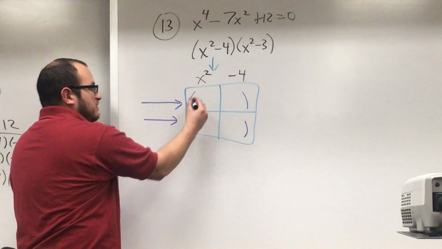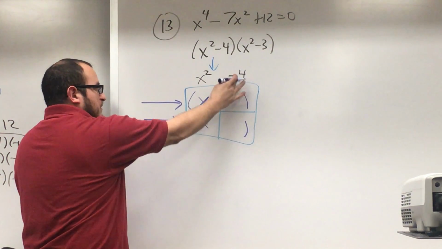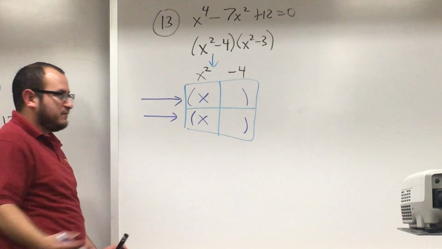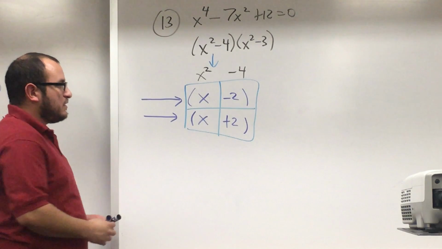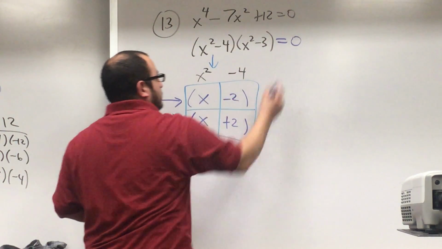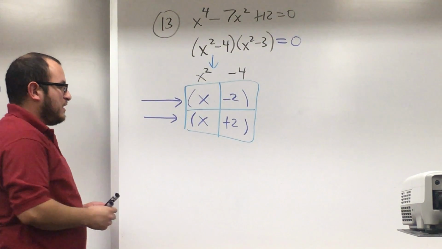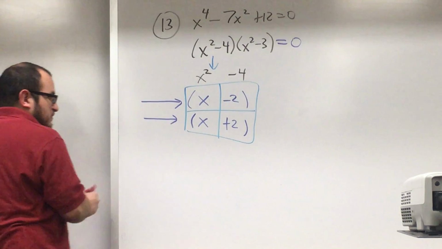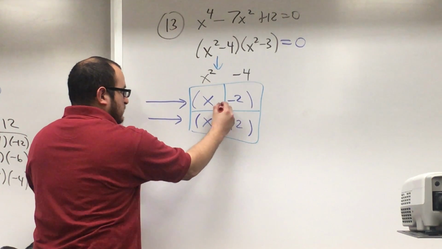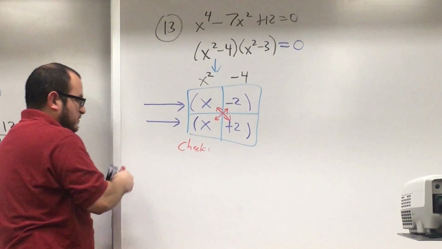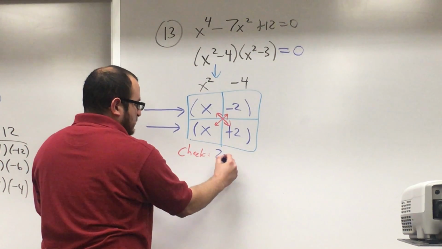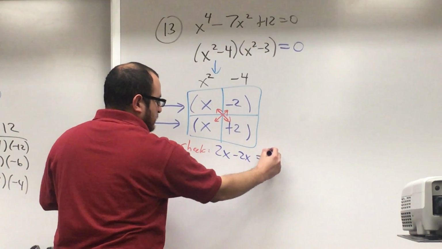So how do we get x squared? x times x. How do we get negative 4? Negative 2, positive 2. Sorry if I added 0 here. And when I cross multiply, check that you get 2x minus 2x gives me 0.